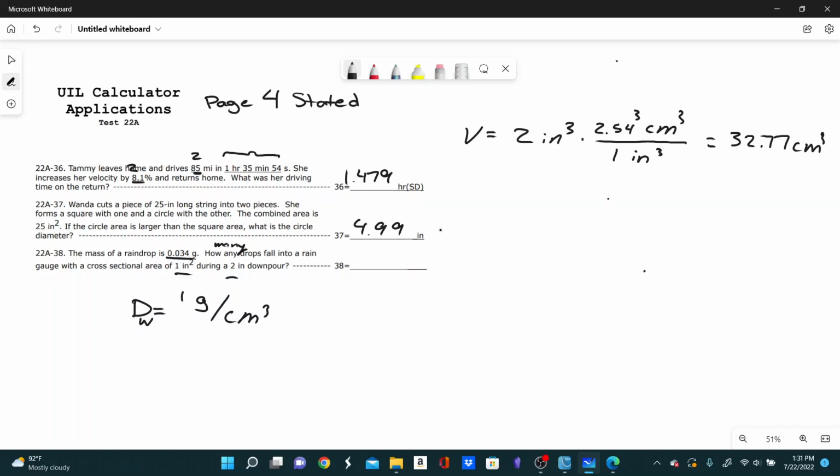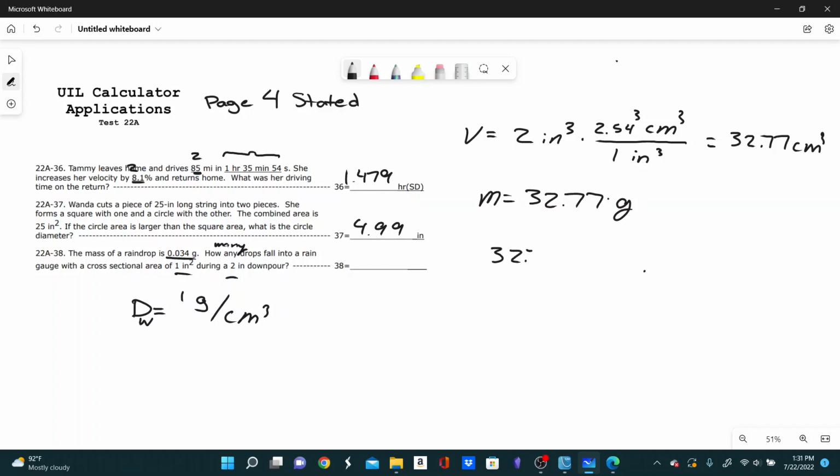The mass of the raindrop is 0.034 grams, and we get a total volume of 32.77 cubic centimeters. So, if the density of water is 1 gram per cubic centimeter, and we have 32.77 cubic centimeters, that means the total mass is also just going to be 32.77 grams, since it's a 1-to-1. You have 1 gram per cubic centimeter. So if the mass of all the water that fell was 32.77 grams, and each raindrop is 0.034 grams, then to find the total number of raindrops, we can just divide.